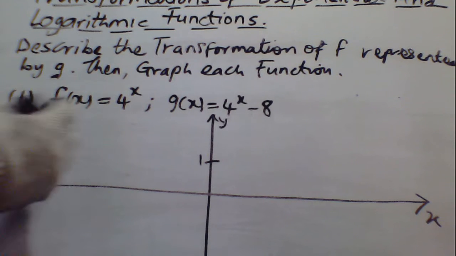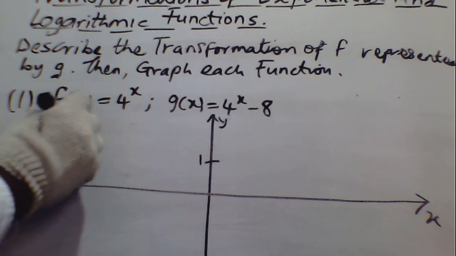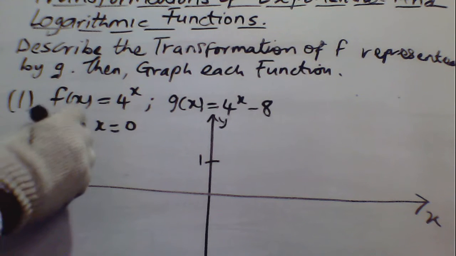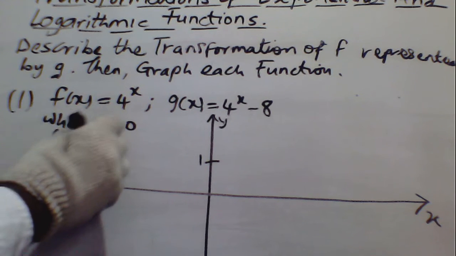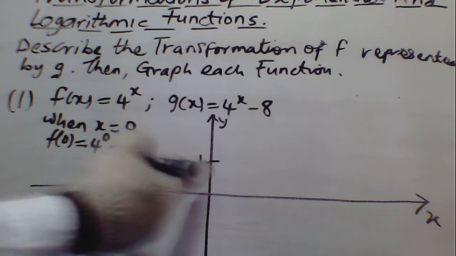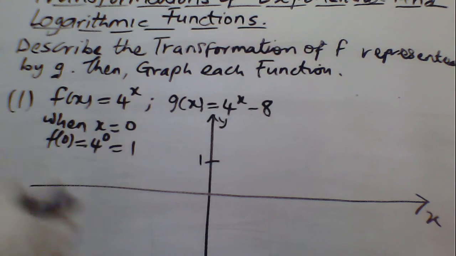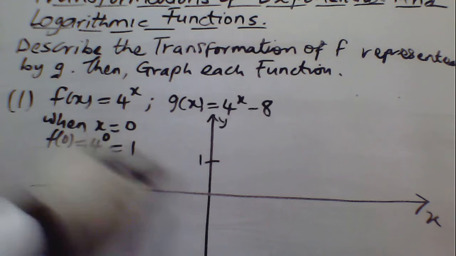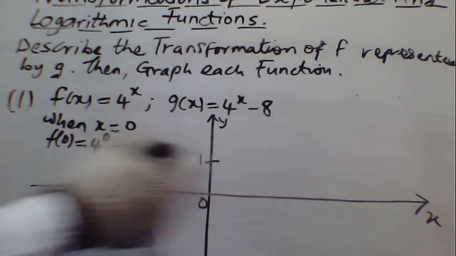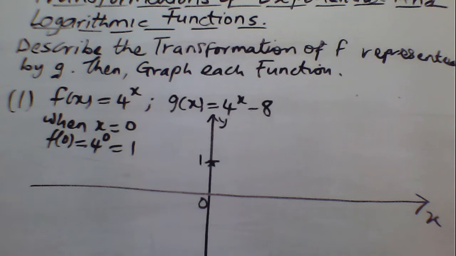We know that f of x, when x is equal to 0, f of 0 gives 4 raised to power 0, that will give us 1. So that's why we get 1 here, 0 and 1. That means when x is 0, f of 0 is equal to 1. So we have 1 point here.